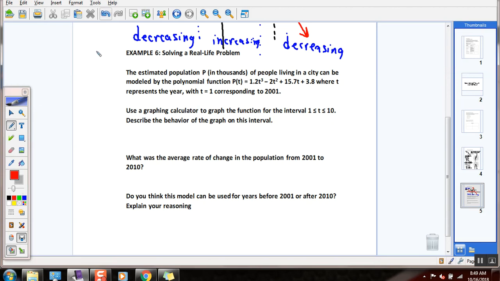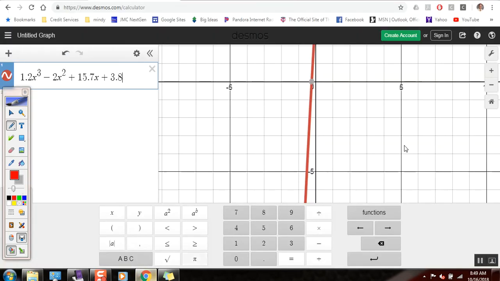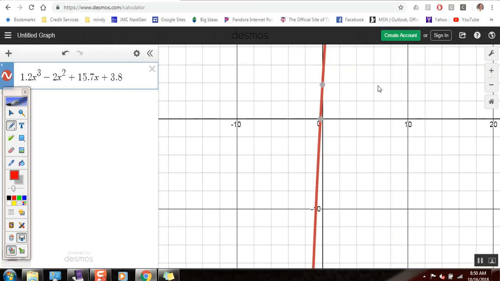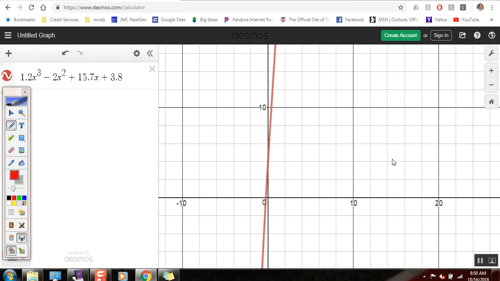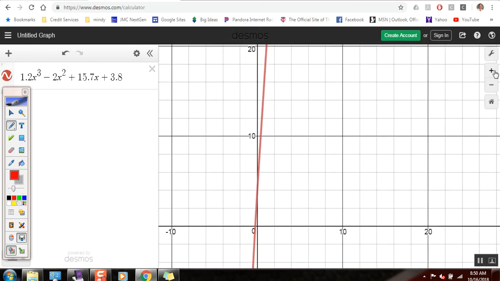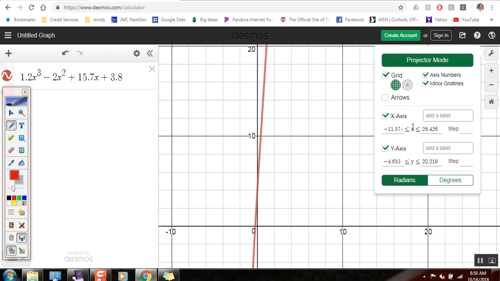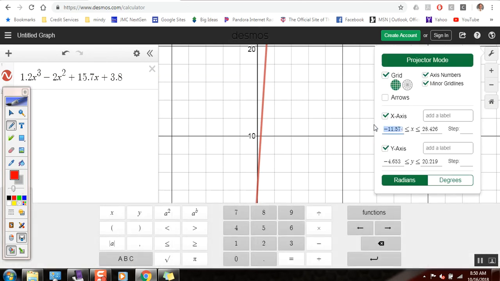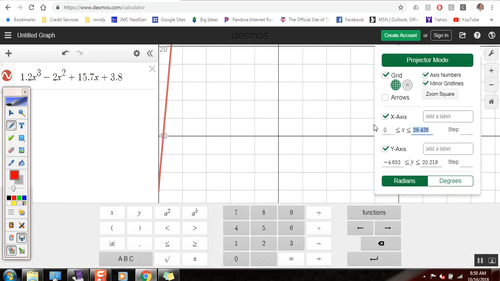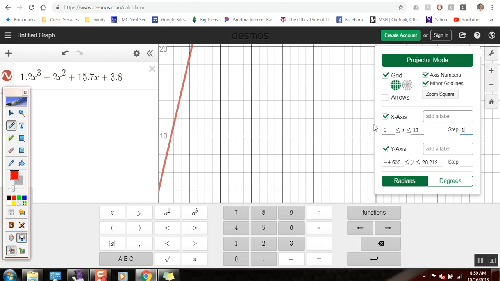Okay, so I'm going to go into settings right here. Actually, I can kind of zoom out, I guess, between 1 and 10. I'm going to put in some values here. I'm going to change my settings. So I'm going to put my x values between 0 and 11, because we want to look at 1 through 10, right?